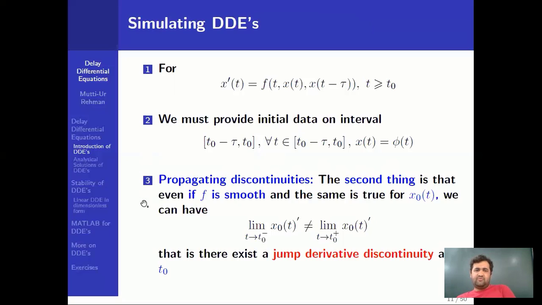There is another point, and the point is that we can have jump derivative discontinuities at this particular time, even if we consider that our function and the initial history function are smooth.